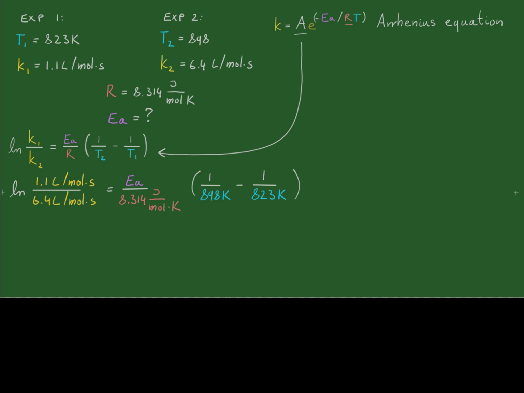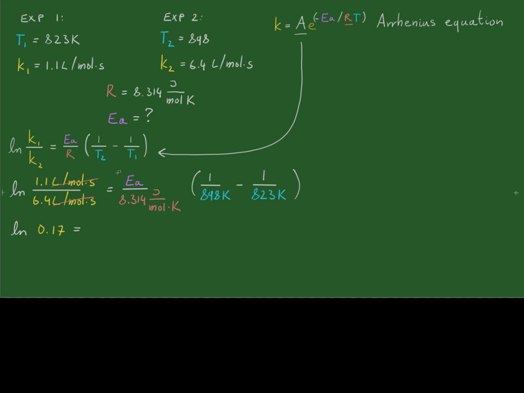Okay, some of the units will cancel over here on the left hand side, which means I will have the natural log of 1.1 over 6.4, which is 0.17. All of that equals the activation energy over the ideal gas constant.